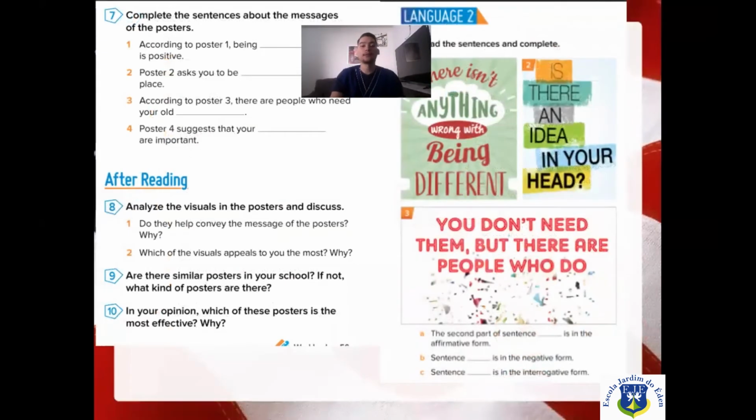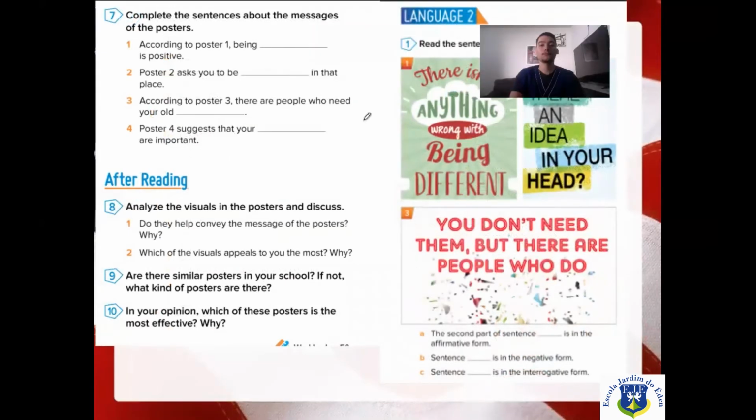Let's continue. Number 7, complete the sentences about the messages of the posters. According to poster 1, being different is positive. Poster 2 asks you to be quiet in that place.